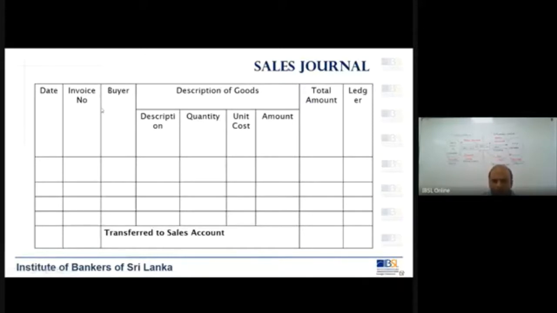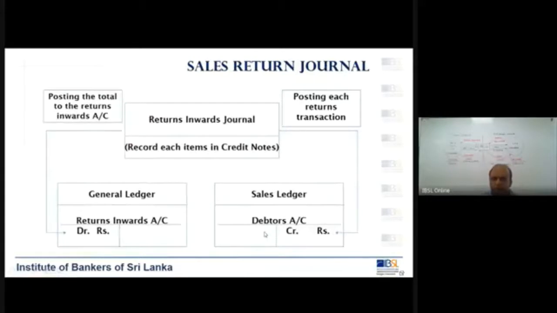Again, you will have the same details: date, invoice number, who is the buyer, description, quantity, unit cost, and the amount that he is returning. At the end of the month, similar to this, you will transfer it to the ledger. But now the accounts will differ. You will debit an account called return inwards or sales return and credit the debtors.